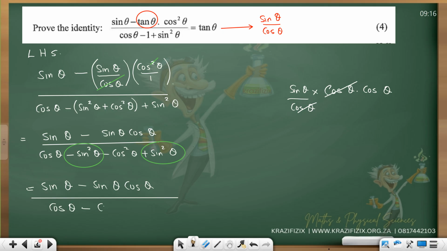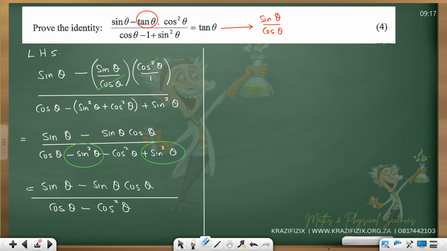Cos theta minus. Are we together so far? I hope I haven't lost anybody. We are almost at the final end. Talk to me. Give me a thumbs up quickly if you're okay.